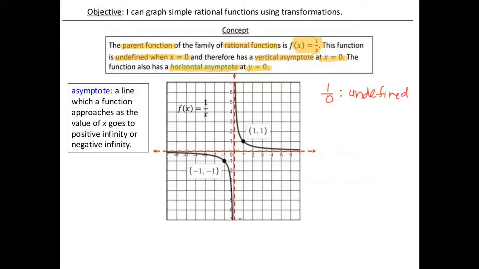And then just for review, the word asymptote just means it's a line which a function approaches as the value of x goes to positive or negative infinity. It approaches the value, but it will never reach that value.